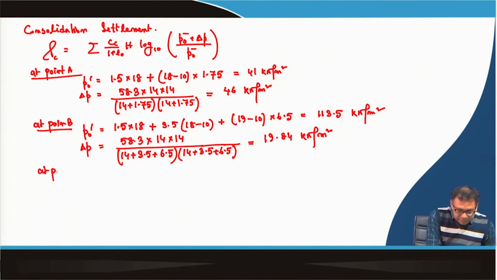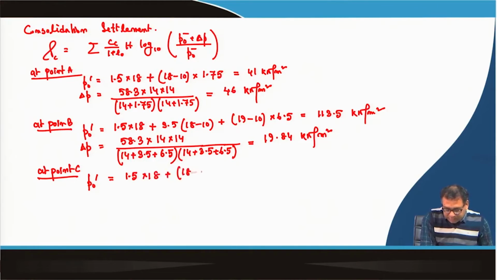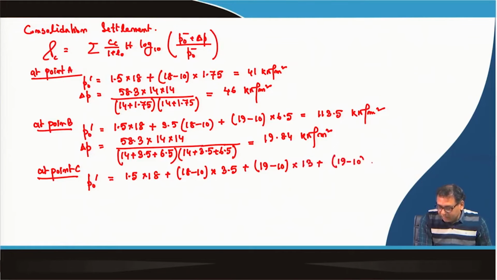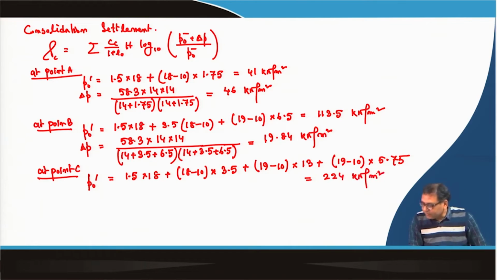Similarly, at point C, P0 bar is equal to 1.5 into 18 plus (18 minus 10) into 3.5 plus (19 minus 10) into 13 plus (19 minus 10) into 5.75, which is equal to 224 kilonewton per meter square.